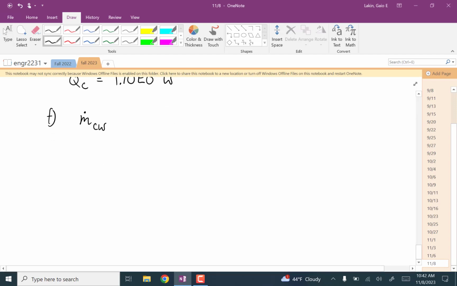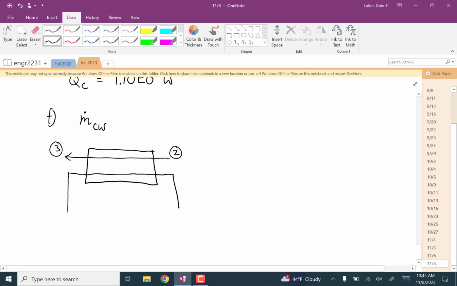So the first law, we're doing this thing where we treat the condenser as a system, and we have the working fluid going from state 2 to state 3, and then we have the cooling water going this way.